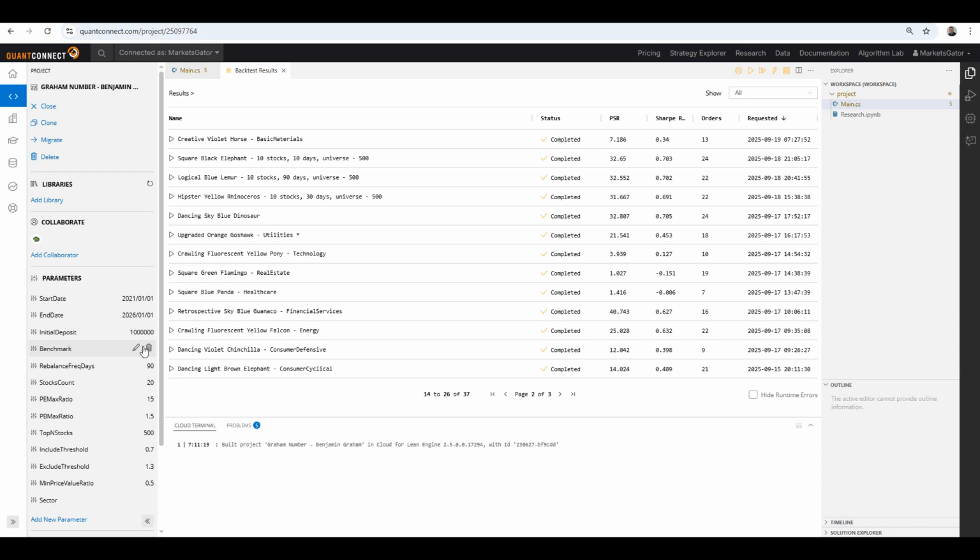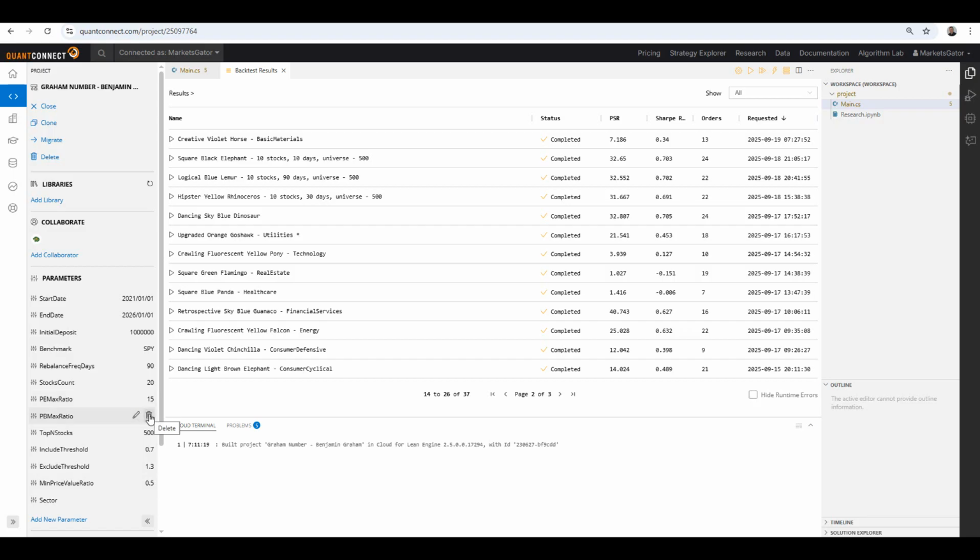We'll be comparing our strategy to a buy and hold strategy of this fund. Rebalance frequency. How often are we checking for overvalued and undervalued stocks. Stocks count. How many positions will I be holding in my portfolio? Let's start with 10.